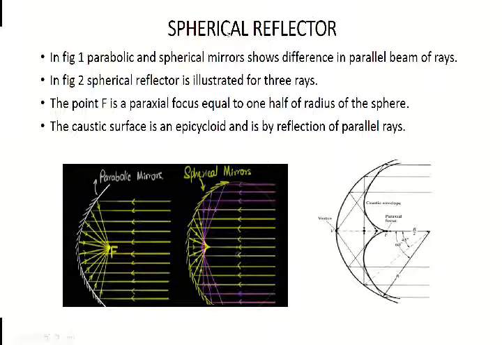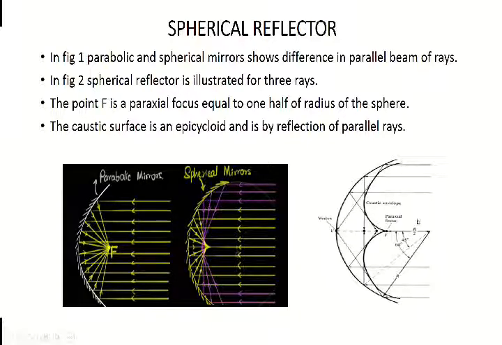So next we speak about the spherical reflectors, the last type of the reflector. Figure 1 very clearly shows parabolic mirrors and spherical mirrors. In the case of parabolic mirrors, the parallel beams, collimated rays, are very clear, compared with the spherical mirror, where a diagram of the spherical analysis is clearly shown, and the point F is called a paraxial focus, which is equal to 1/2 of the radius of the sphere.